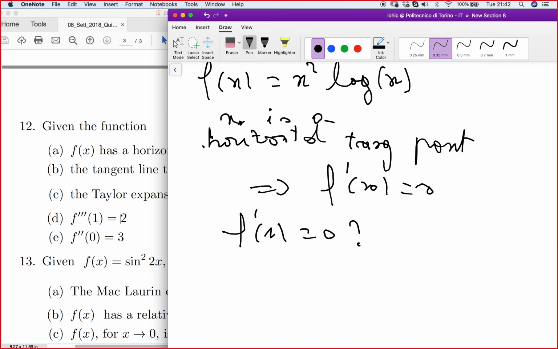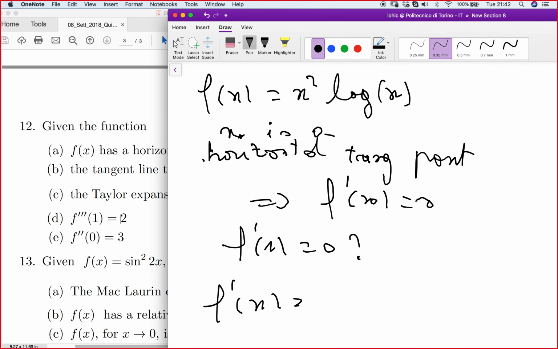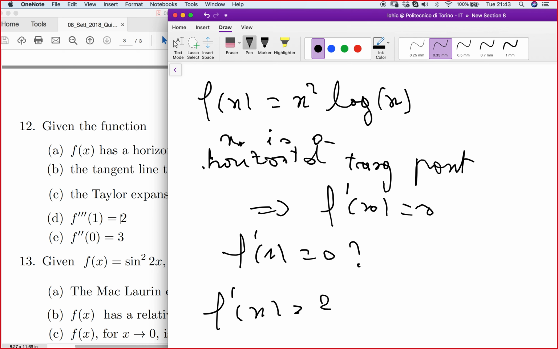So let's compute f prime of x. f prime of x is 2x multiplied by the logarithm of x, plus x squared multiplied by 1 over x, right?